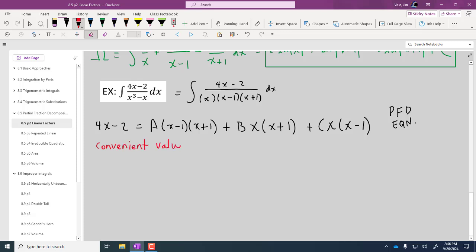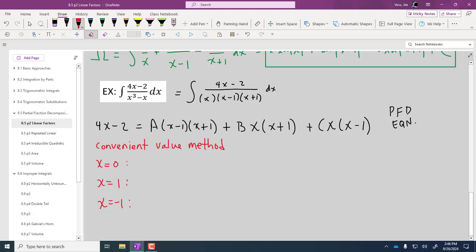So notice this equation has no division. Right? There's no division. This equation is defined for every value of x. Any real number x you put in there, it's defined for. No mystery there. In particular, it is defined when x is equal to 0, when x is equal to 1, and when x is equal to negative 1.